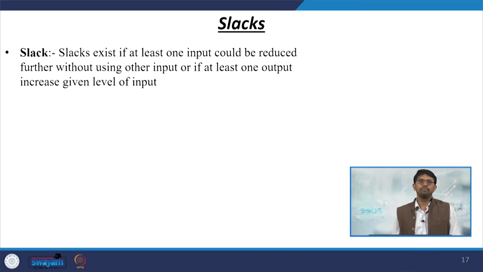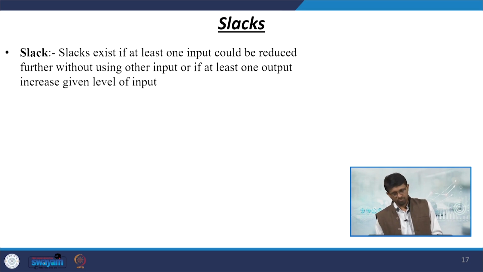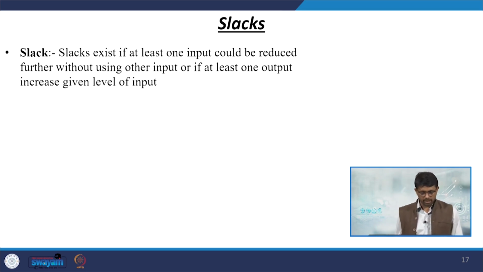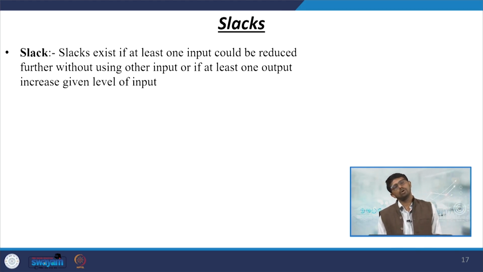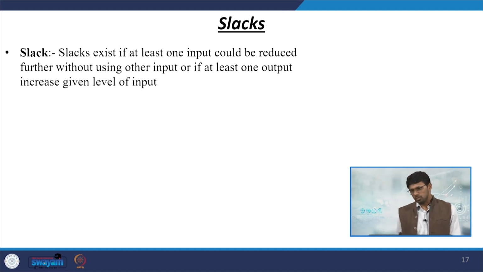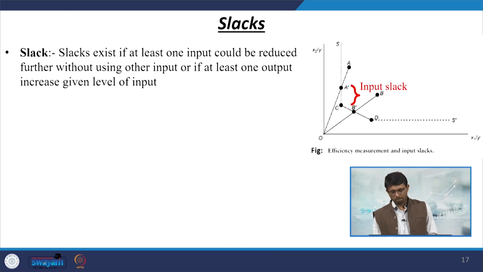Slacks exist if at least one input could be reduced further without changing other inputs, or if at least one output increases given the level of input. Okay. With the same input we can increase more output, or with the same output we can reduce the input, and that is basically called slacks.